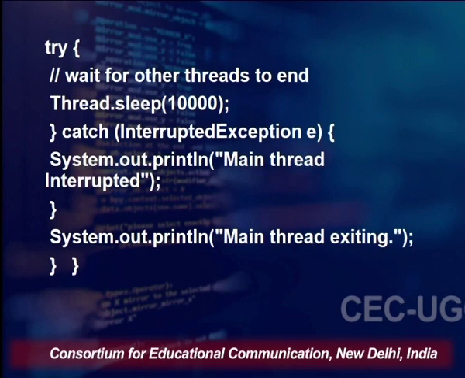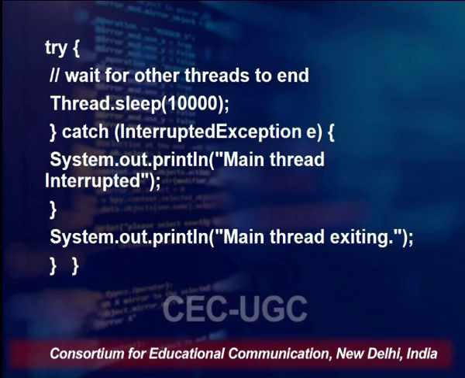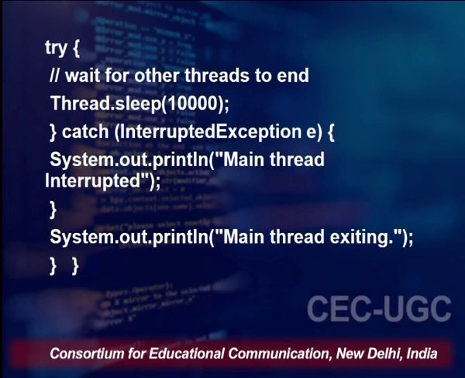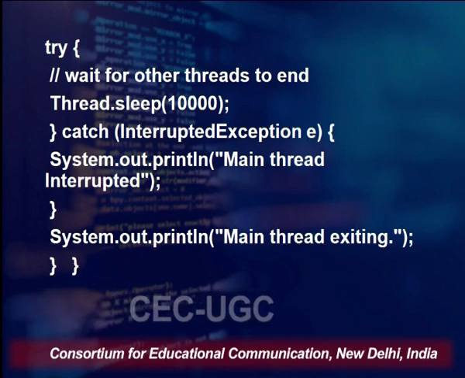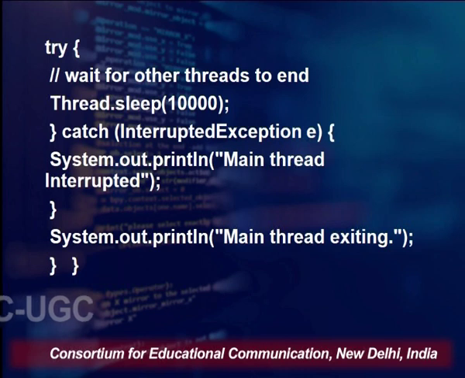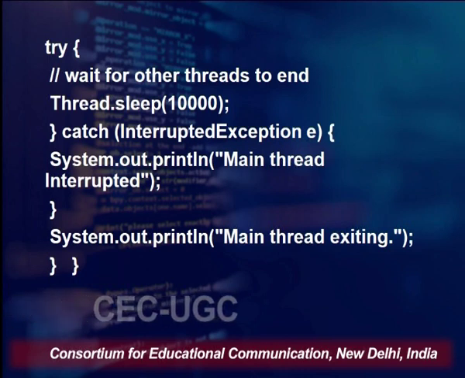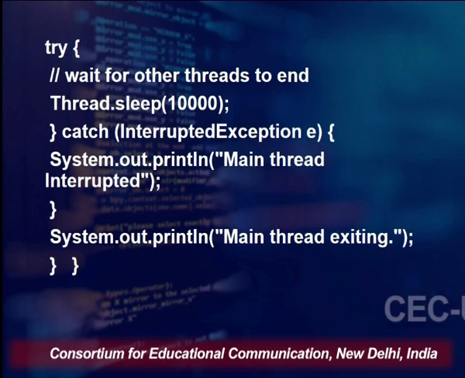Now, we are going to actually start our main thread. Within that main thread's try-catch block, we have written Thread.sleep, let us say for 10,000 milliseconds. This Thread.sleep for 10,000 milliseconds will make the main thread wait for other threads to end, because this Thread.sleep is actually for the current thread, and presently the current thread is the main thread.